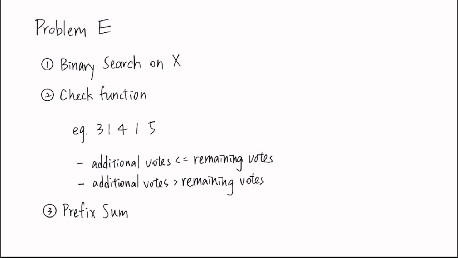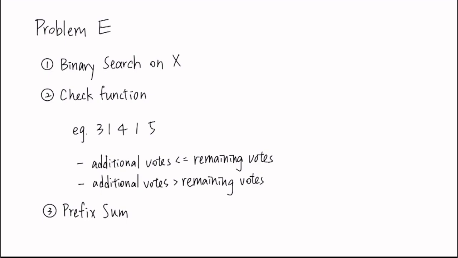So the time complexity would become O(nk), which is unacceptable because k is as large as 10 to the 12th. When we see a number this large, it gives us a hint that we can do binary search on x, because there will only be one best value for x that satisfies the answer.